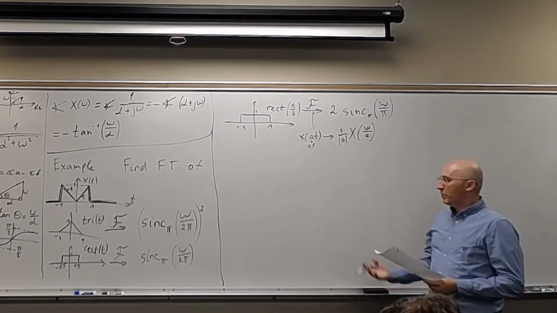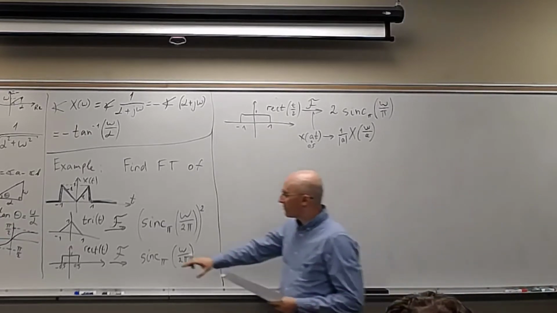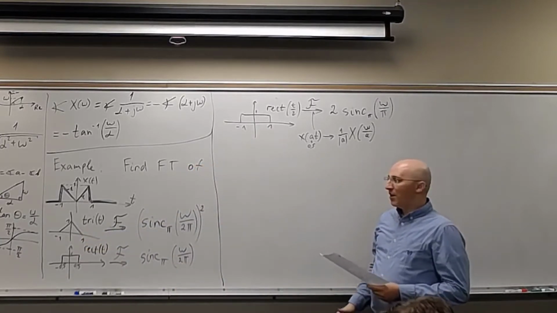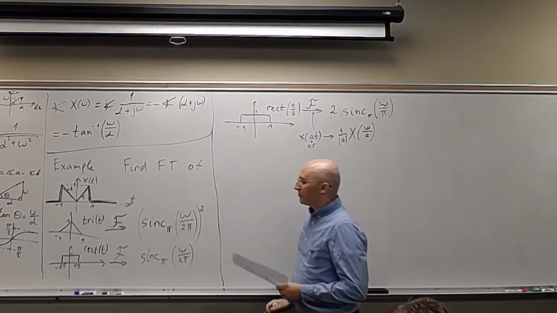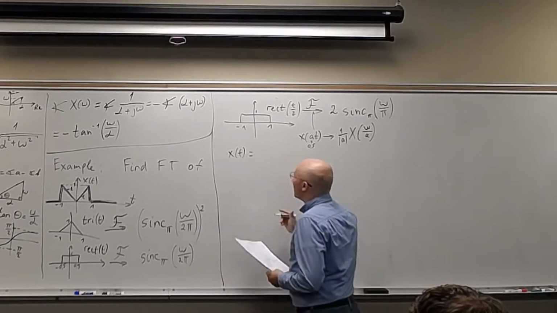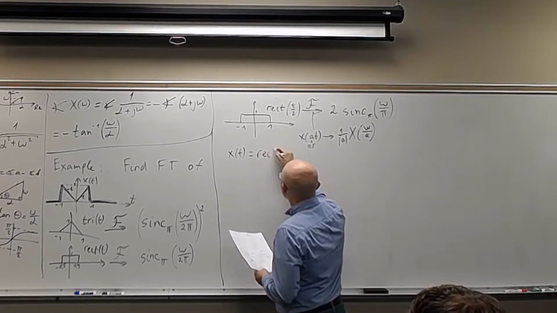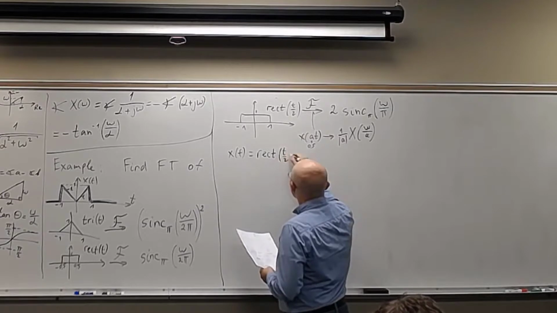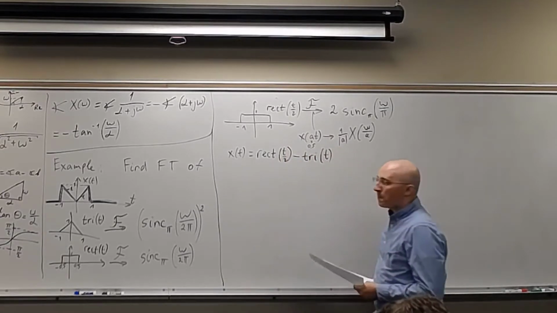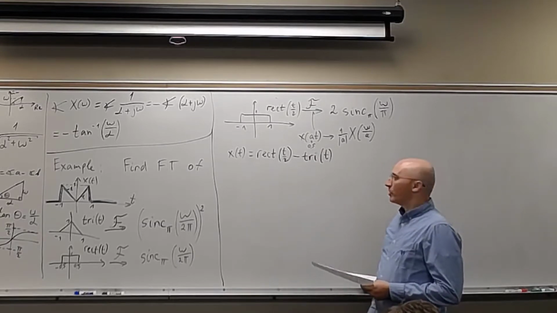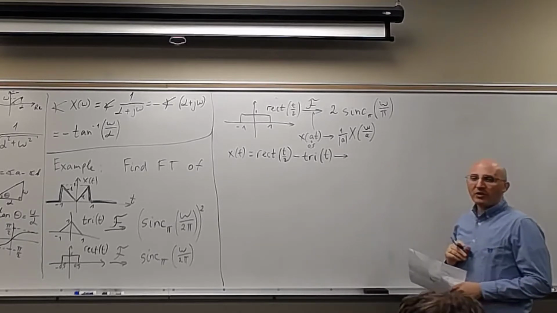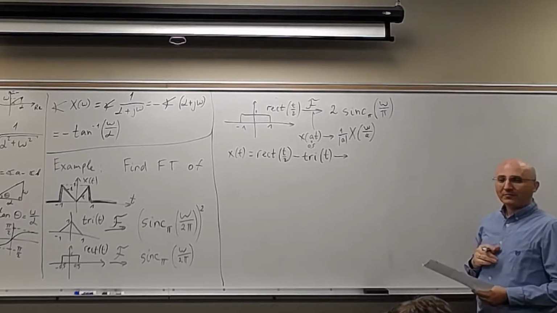Now, what do we need to do? Now we have the Fourier transform of that thing and the Fourier transform of that thing. What is the answer for that thing then? Basically, x of t equals the rectangle of t over 2 minus the triangle of t. Right? This is what it is. From the linearity property, we can just subtract the transforms. And that's it.